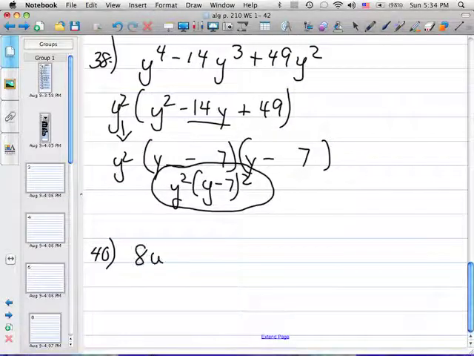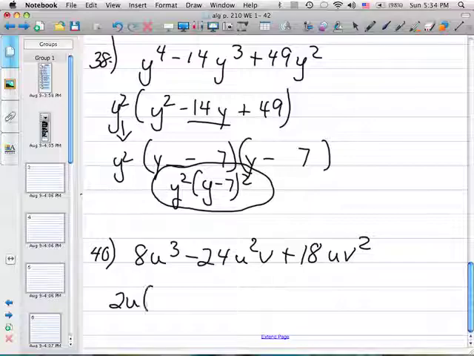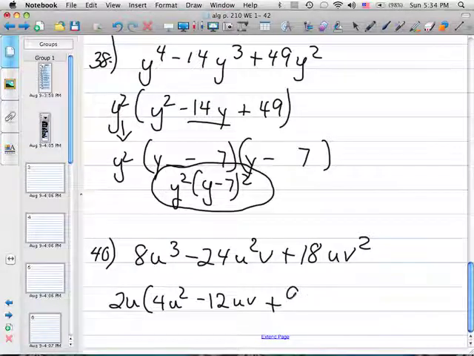Number 40, we have 8u cubed minus 24u squared v plus 18uv squared. I can take out a 2. I can also take out a u, and that looks like it. So this would be 4u squared minus 12uv plus 9v squared.